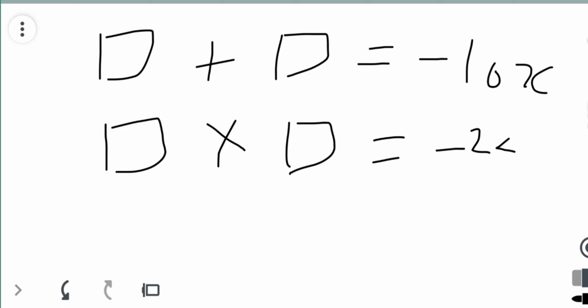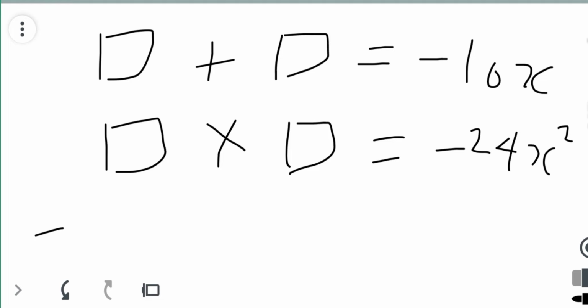Minus 24x squared. If you look at it critically, you agree with me that the two numbers we can use are minus 12 and plus 2.